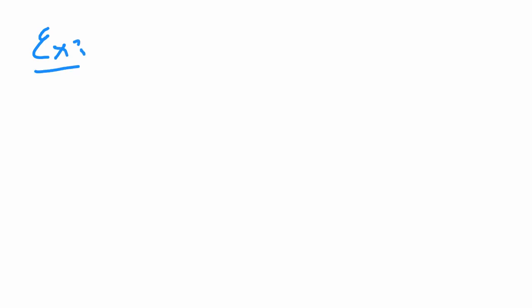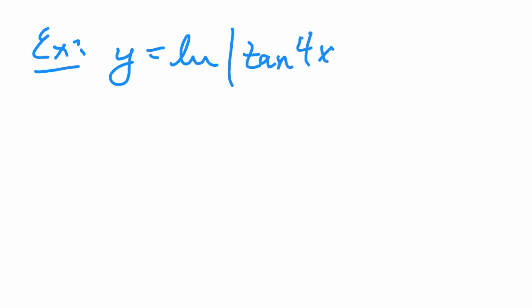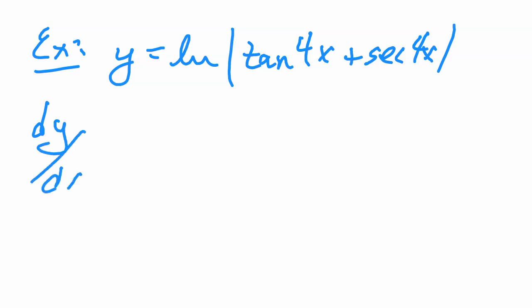If I've got y equals the natural log of the absolute value of tangent 4x, now remember, that's tangent of a function, and then plus secant 4x. If I have something like that, and I want to find dy dx or y prime, I'm going to take the derivative of both sides with respect to x.